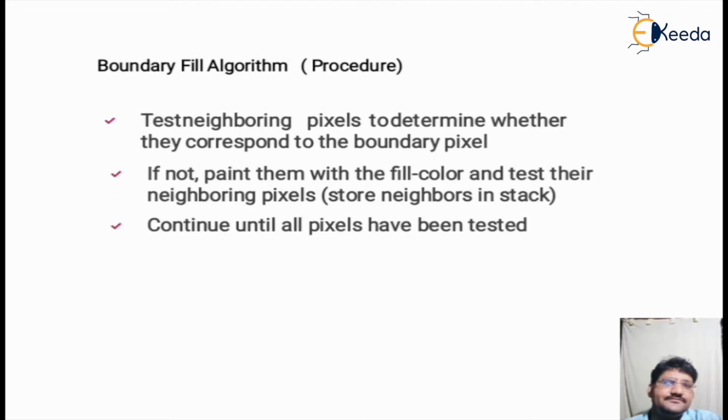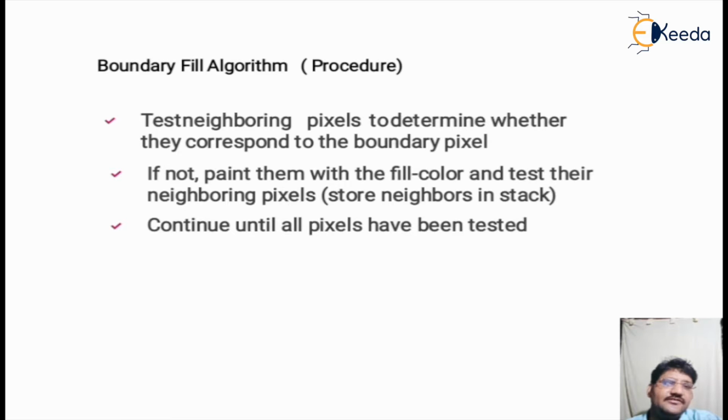After that, find the neighbor pixels of the seed point to determine whether they correspond to boundary pixels, and if not, then color them with the desired color and check their neighborhood pixels.